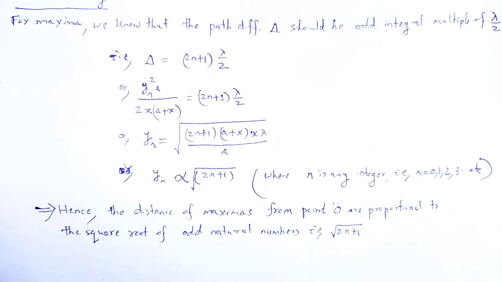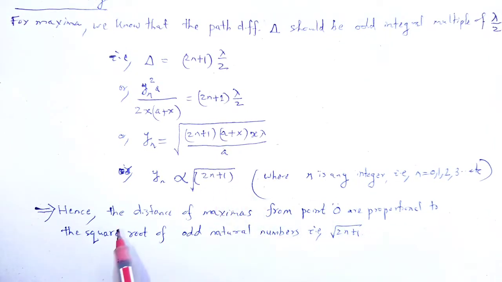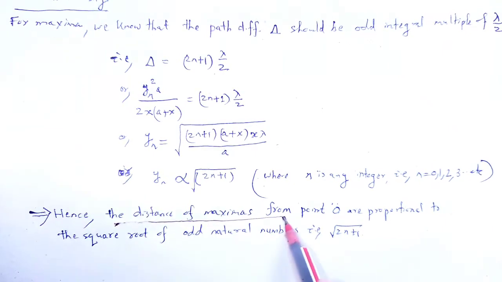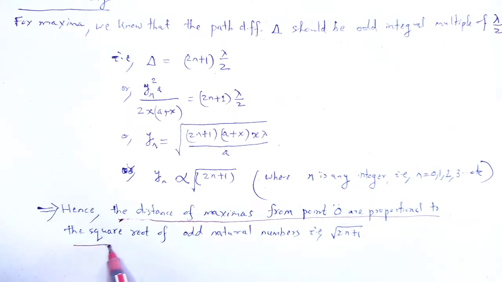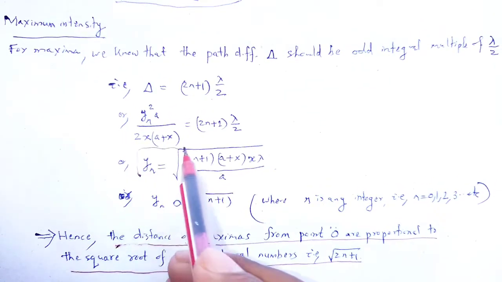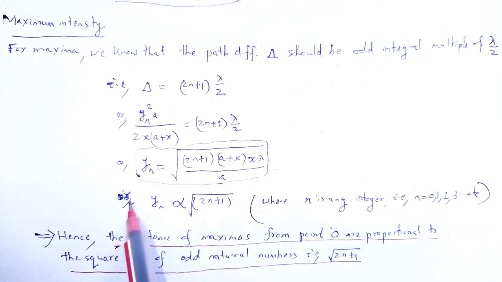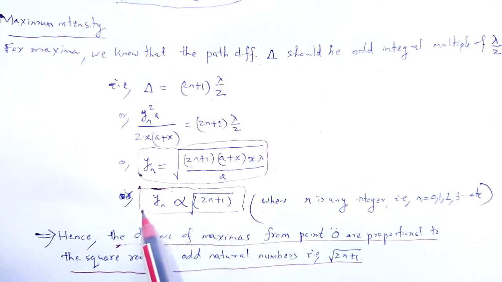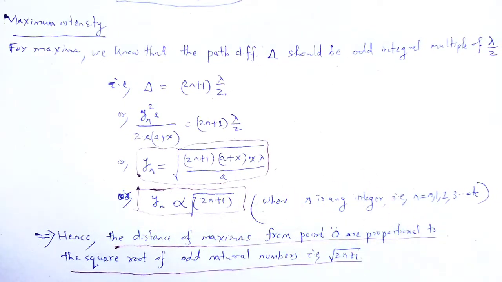For maximum condition, we have the distance of maximas from O proportional to the square root of odd numbers. With the expression we clarify yn is directly proportional to under root of (2n plus 1).